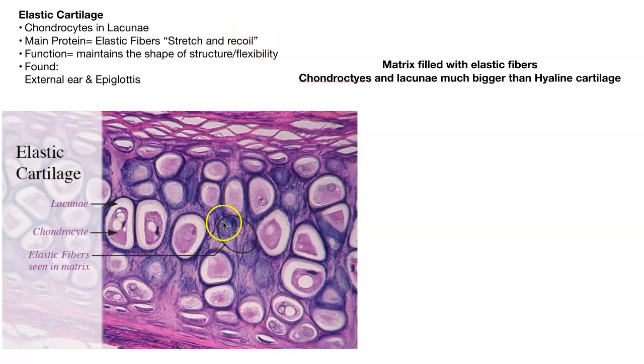The function of elastic cartilage is to maintain the shape of a structure and give it flexibility. So what does that mean? Your external ear, the top of your ear, you can bend the top of your ear, right? And if you let it go, it's going to pop back up, right? That is elastic cartilage that's doing that.